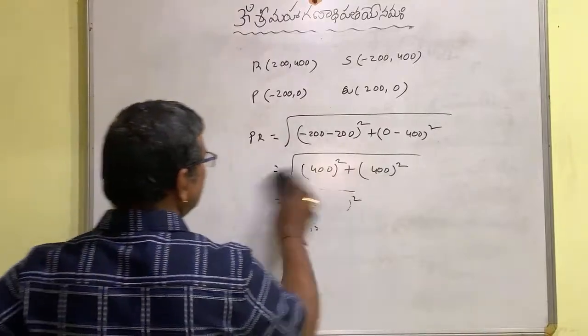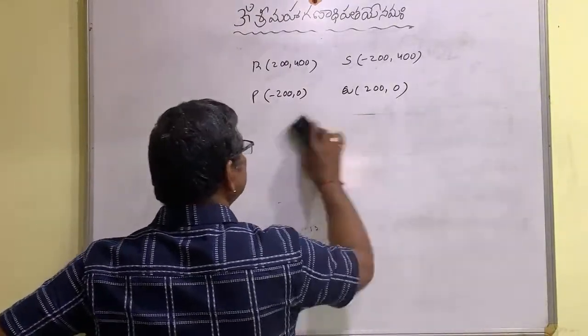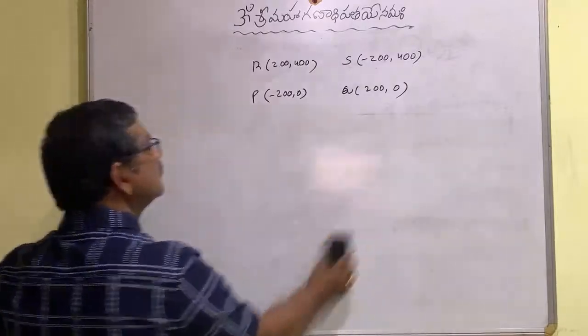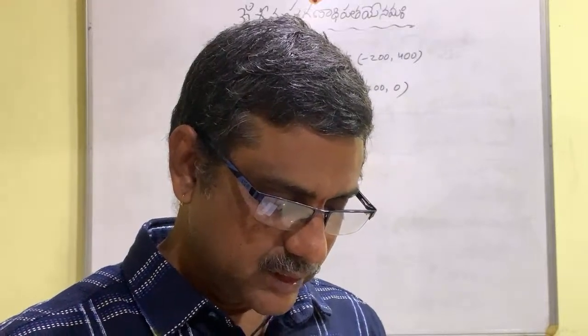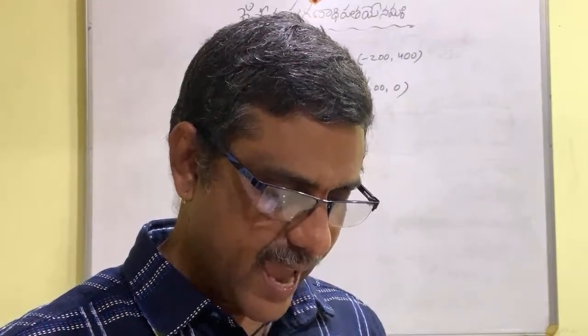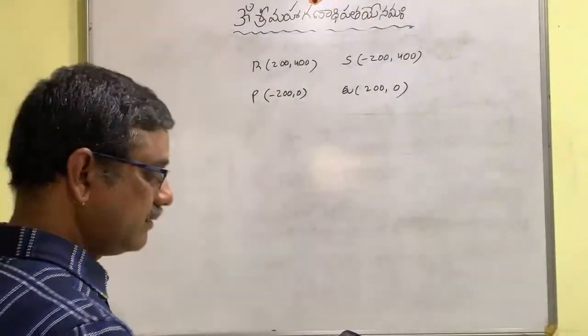Next question, last question. What is it asking? Side S divides CA. So what are the coordinates of C now?